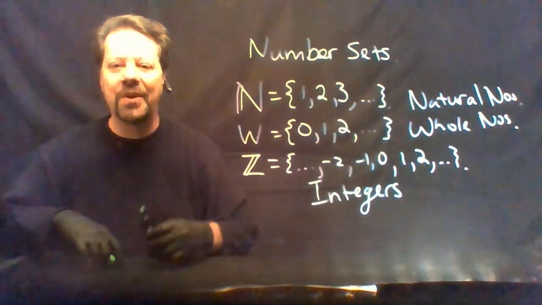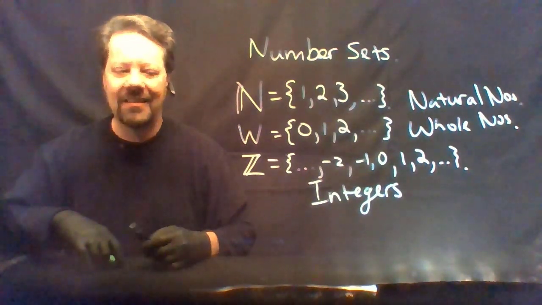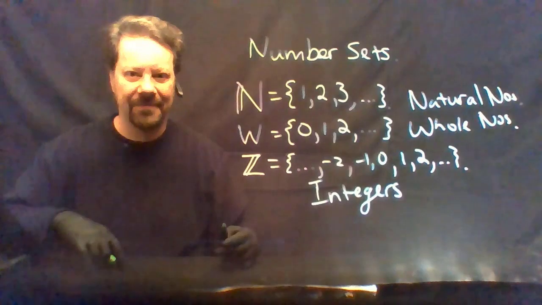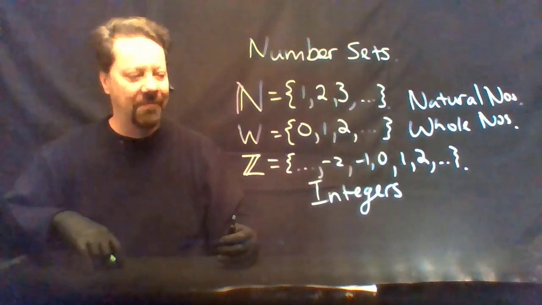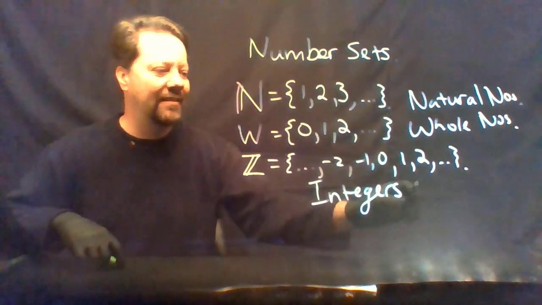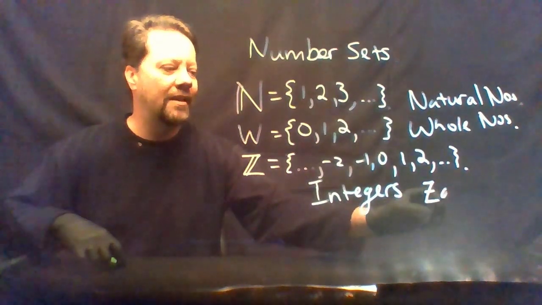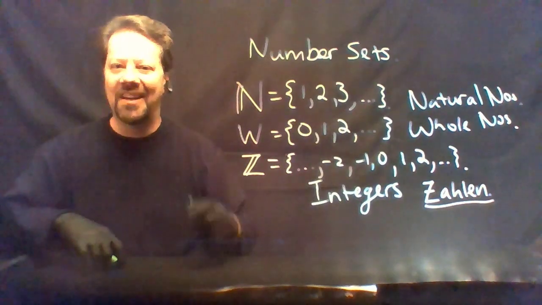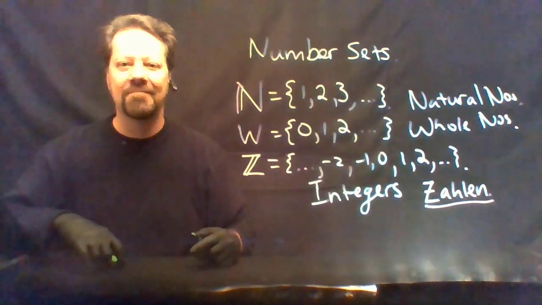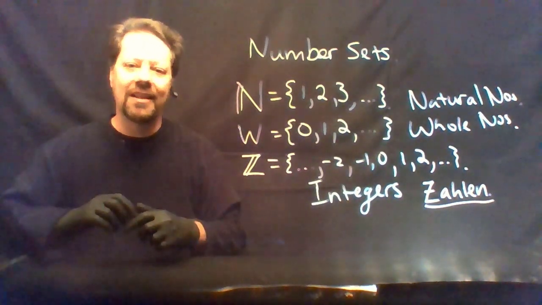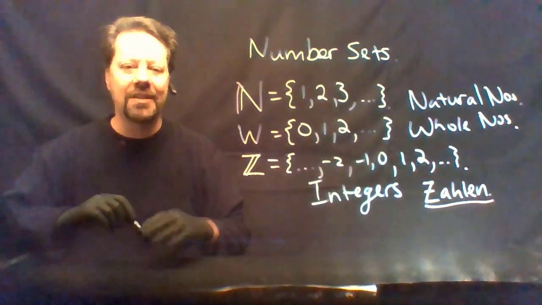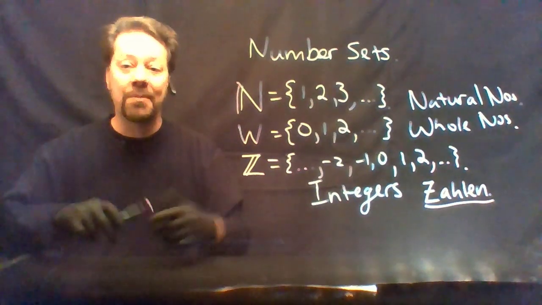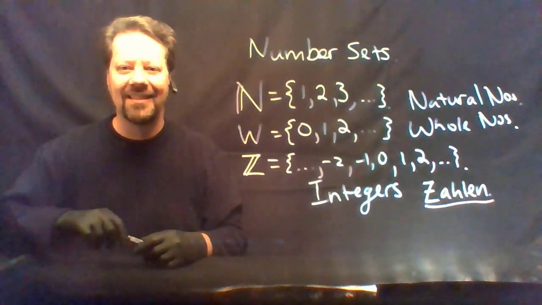You're wondering why we're using a blackboard bold Z to represent some number set called the integers. Well, the answer there is that in German, the word is Zahlen, and it was the Germans who invented the notation. Notation is entirely conventional, so it doesn't matter what you choose for your notation. It just helps that you have a notation.